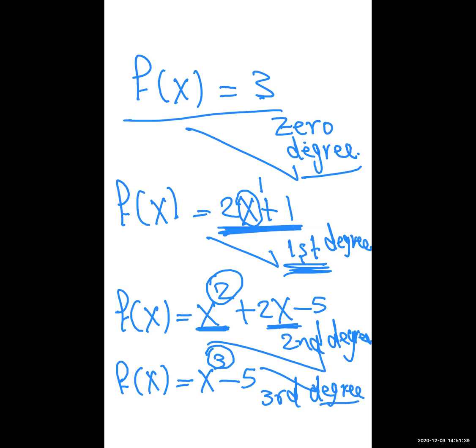Okay, guys? Zero degree means constant function. First degree, linear function.